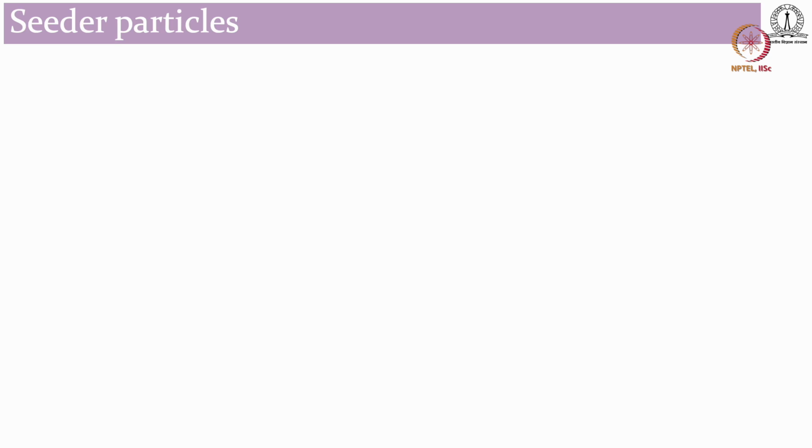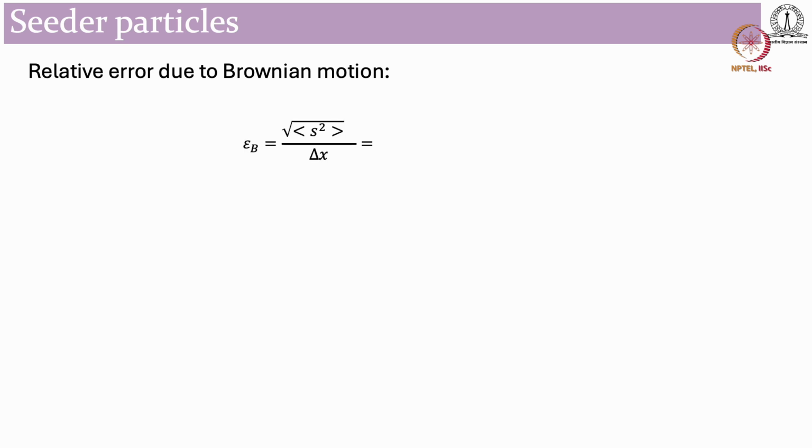So then, if we talk about the relative error that is caused due to the Brownian motion in the flow field, we can write it as this epsilon b, which is the relative error, given as the Brownian displacement, basically the square root of the mean square displacement given by delta x, and I am just solving it in one direction.